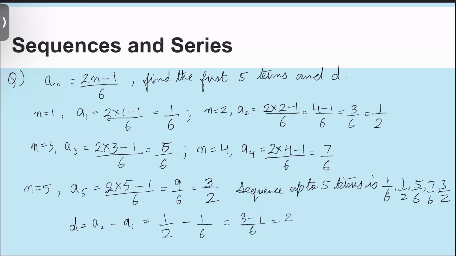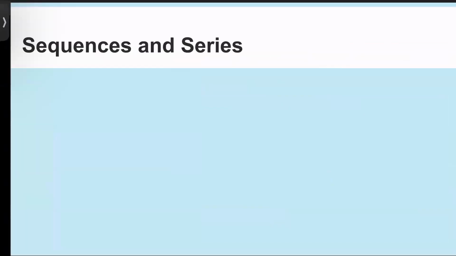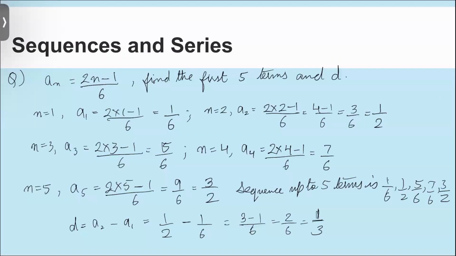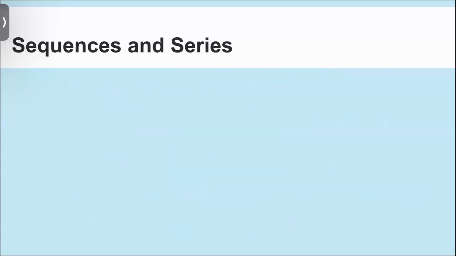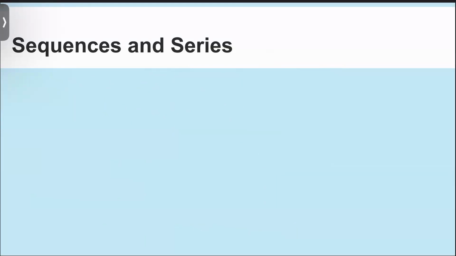So that is 2 by 6, 1 by 3. Okay, so this is 1 by 3. So over here, we are getting d as 1 by 3. Okay, so your d is equal to 1 by 3.